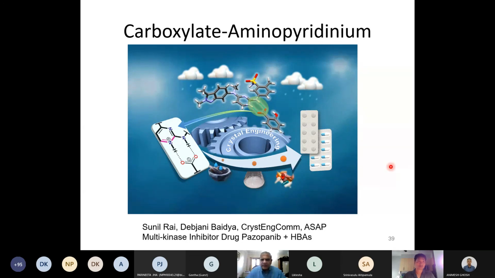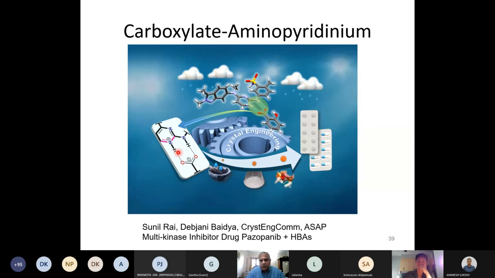I should have mentioned in the beginning itself, which I overlooked, that the coformers we used in these studies are pharmaceutically acceptable molecules. That is, they are GRAS molecules, generally regarded as safe. So hydroxybenzoic acids, which are the coformers in this study, are pharmaceutically acceptable, and it makes a very strong synthon.